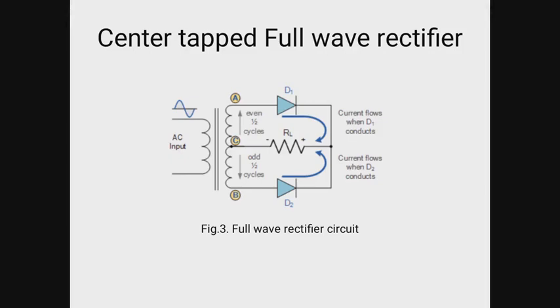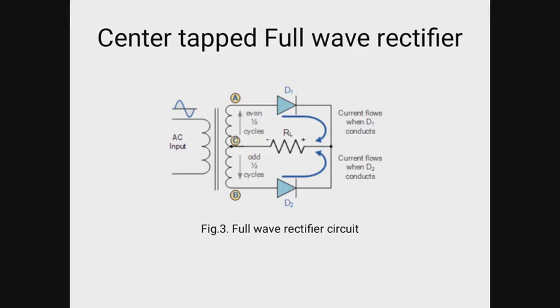Suppose this is a step down transformer, so the output step down voltage will pass through diodes D1 and D2, and RL is nothing but the load resistance, from where we are able to find the output voltage.